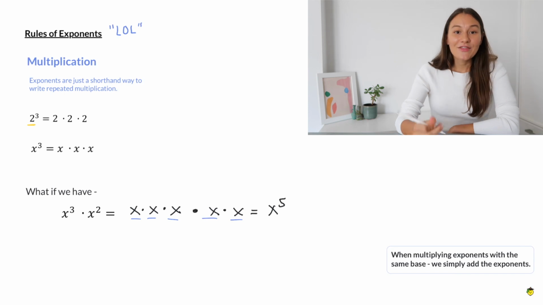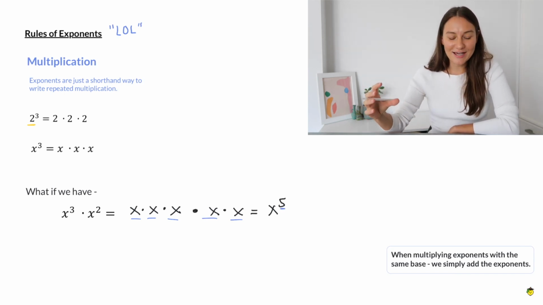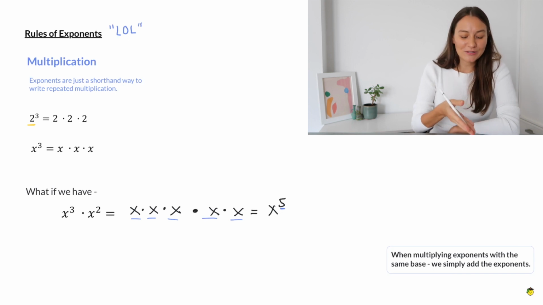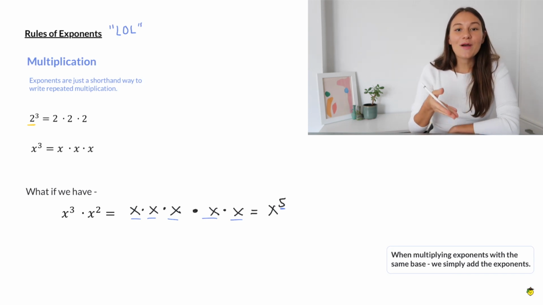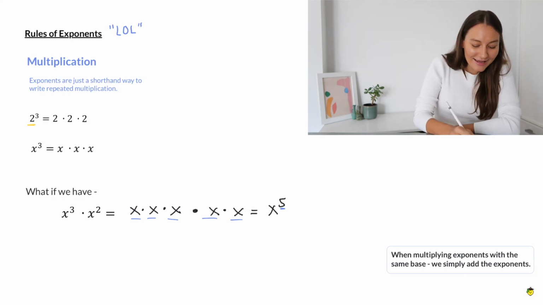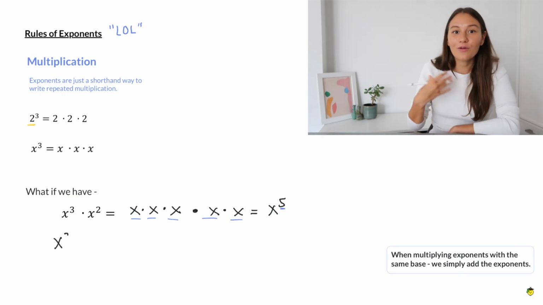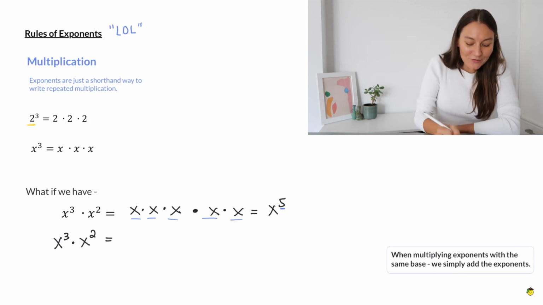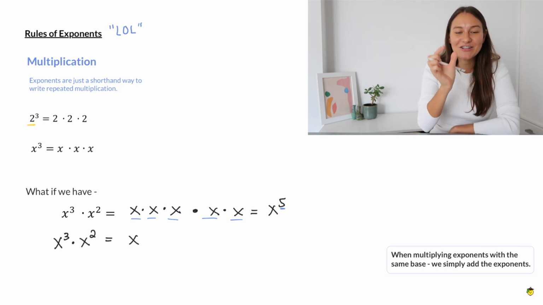And so there's a rule, an easier way to do this instead of breaking this all out each and every time you're encountering multiplication with the same base. All you have to do is add your exponents. What do I mean by that? So x to the 3rd times x squared, we already know is x to the 5th. But what you can actually do is just add your exponents.